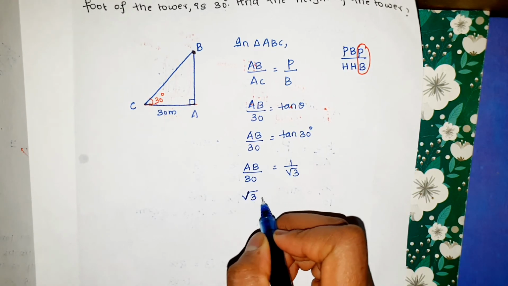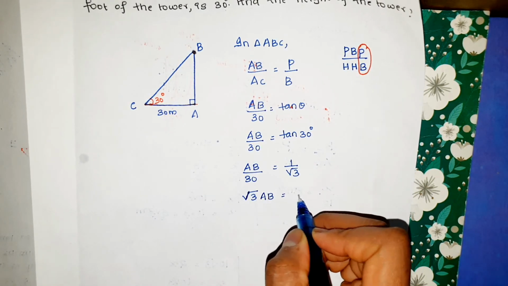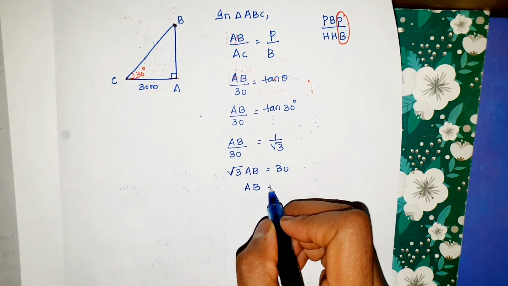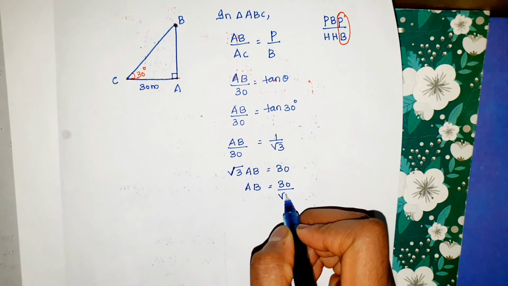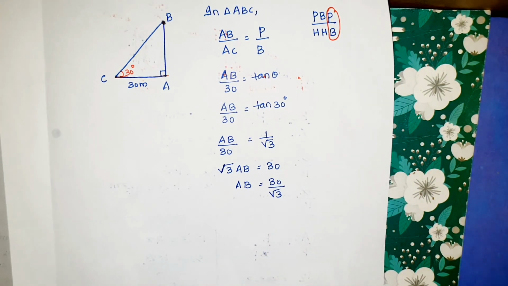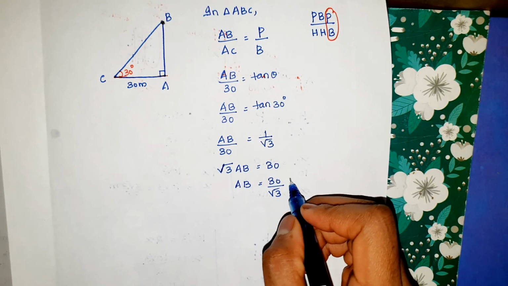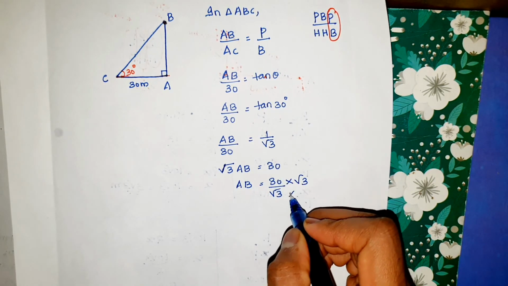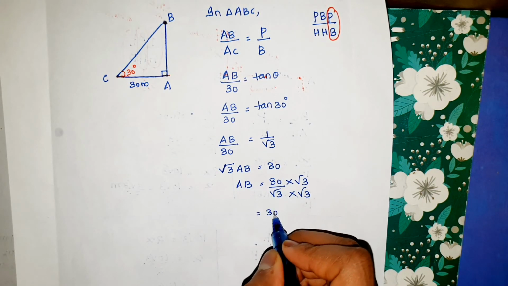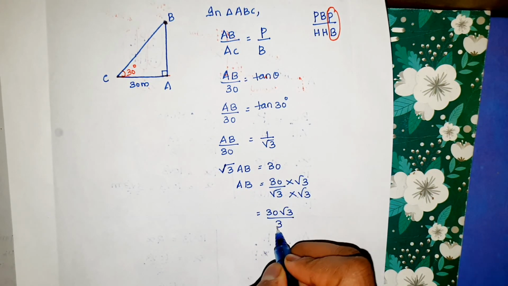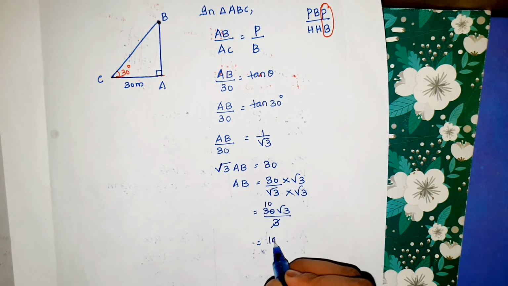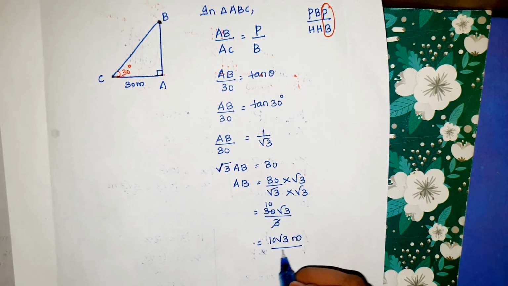Root 3 AB is equal to 30. So AB is equal to 30 by root 3. Here it is an irrational number, so I am multiplying root 3 in numerator and denominator. So my answer is 30 root 3 by 3. I can cut this 3 and 30. So my answer is 10 root 3 meter.